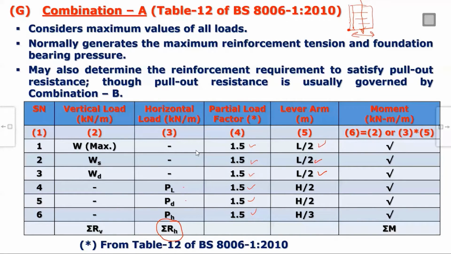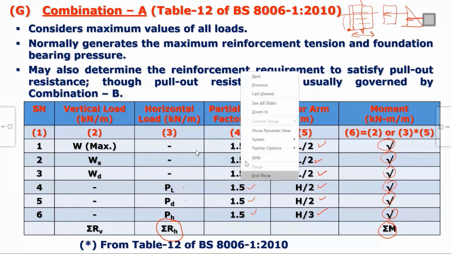These two, live load and dead load surcharge, are rectangular in shape, so they will act at half the height, so the lever arm with respect to this point will be H by 2, H by 2. The earth pressure acts in a triangular shape, so its resultant will be at H by 3. So you fill in all these values, multiply by the load factor and by the lever arm, and you will get the moment, sigma M. This is for combination A.